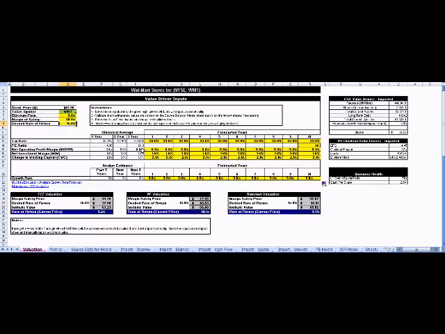I might say, this is a low risk investment, so let's lower my required rate of return. If I change my desired rate of return to 12, you can see that the 15 changed to 12 here, and it's telling me the price I would need to wait for in order to get a 12% return. In this case, somewhere between $48 and $52 a share, so a blended value about 50. So I would hold on this stock. I wouldn't be selling it at the moment, but I wouldn't be buying it either.